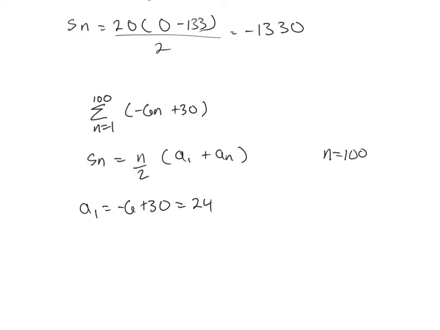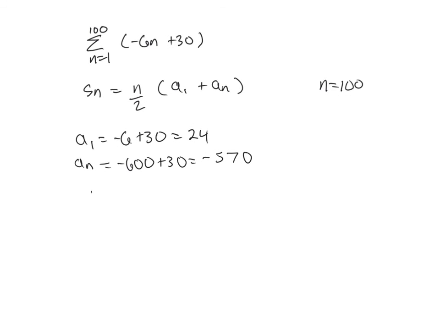A sub n then equals negative 600 plus 30, because we take 100 and plug that into -6n plus 30. That gives me negative 570. So now we have a sub 1, and we have a sub n. Plug that into our formula for our partial sum.